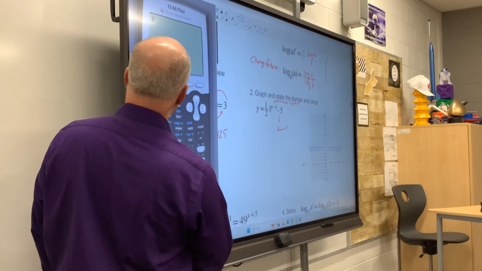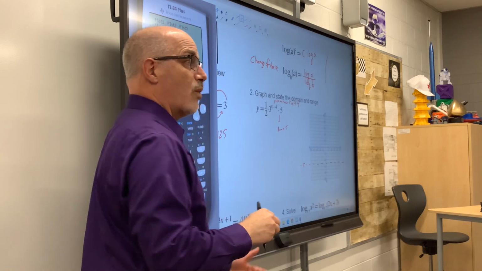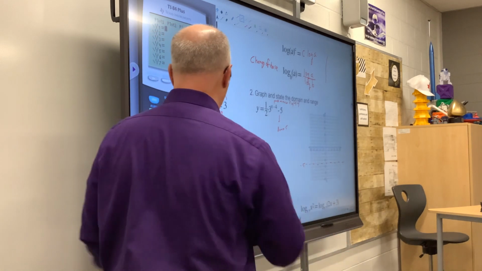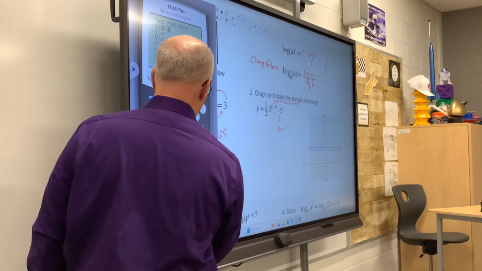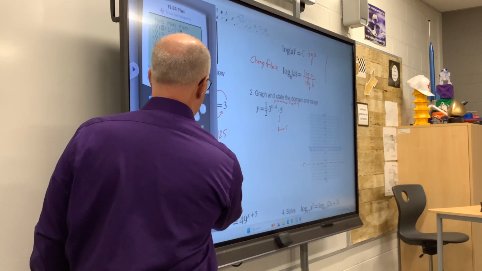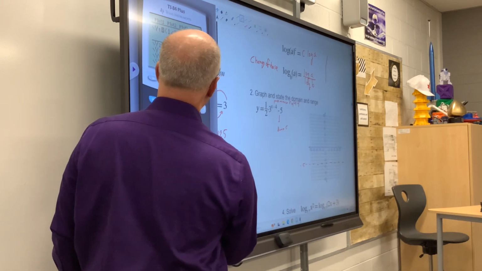All right, let's go ahead and turn this on. We're going to go ahead and put that into y equals. The 1/2 has to go in parentheses. Don't forget, fractions have to go in parentheses. So 1 divided by 2, I'm going to take that times 3 to the x minus 4 power.